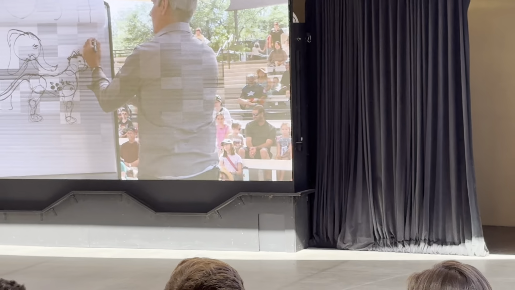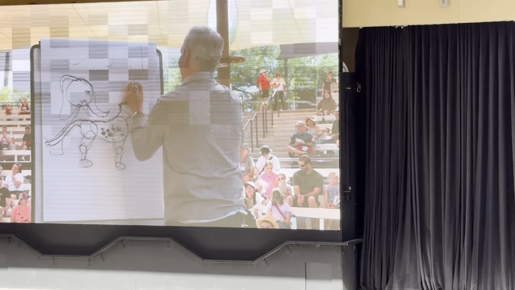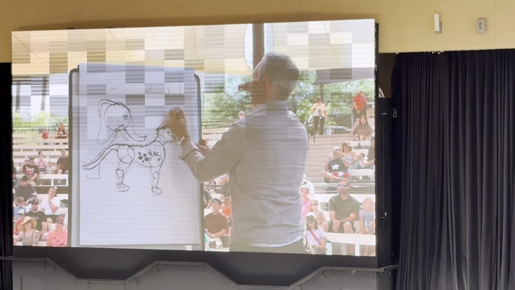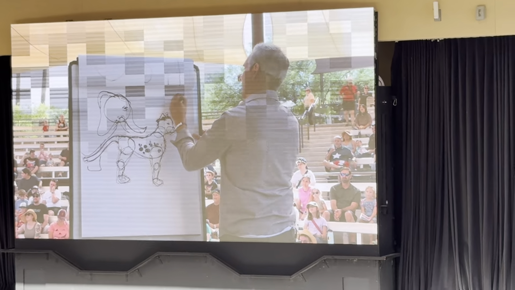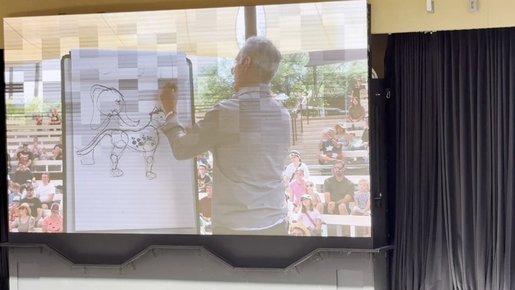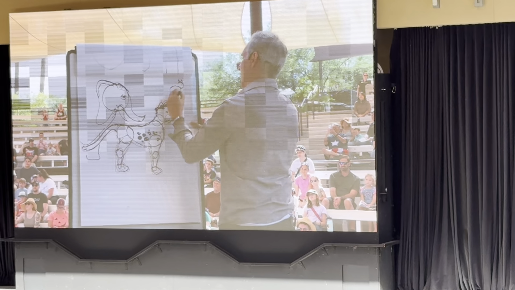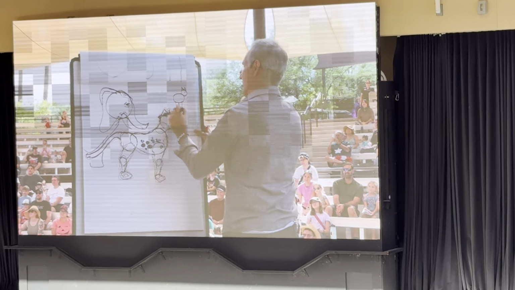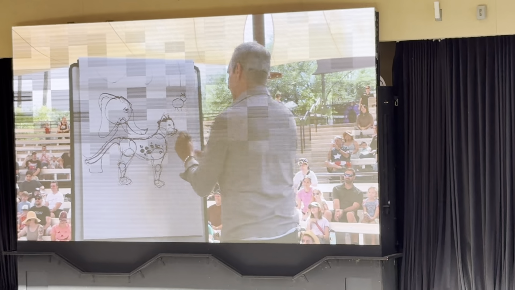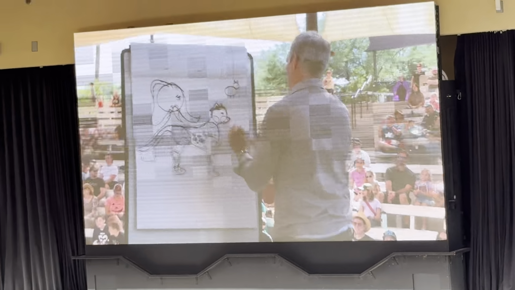All right, so here's my lovely wife, Wanda. This is her elephant. Okay, not bad. Okay, now this is her grizzly bear.